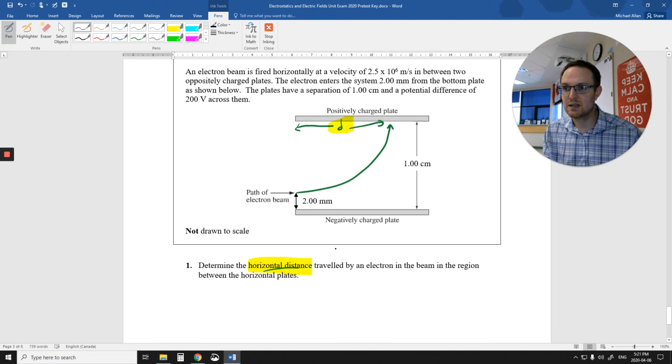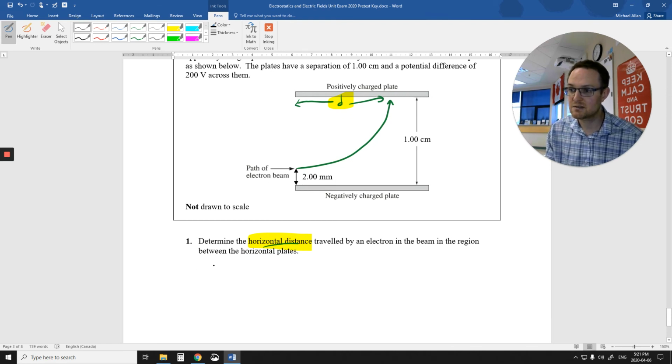Now to figure this one out, we're going to have to think about this as two dimensions. Just like gravity, if the force only acts one way, and there's going to be a force on this electron acting this way, if it only acts one way as this thing travels through, and it doesn't change, remember the field is constant, so why would the force change?